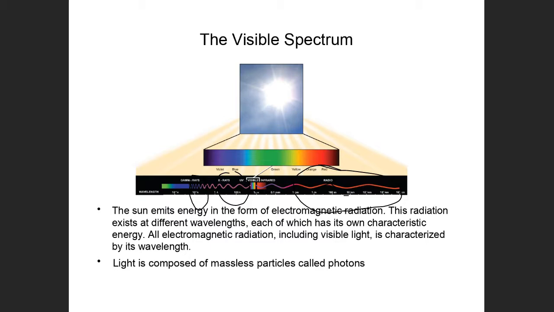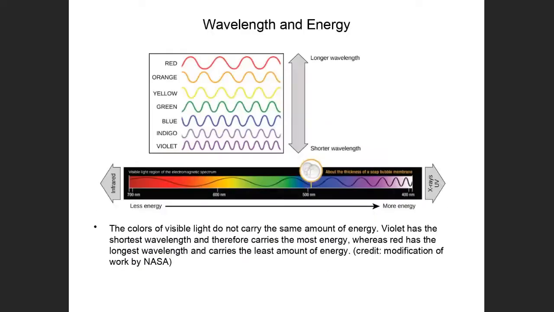One thing that is very important that I want you to understand is that all the colors of visible light do not carry the same amount of energy. The longer the wavelength, the less energy it has. The shorter the wavelength, the more energy it has. This is inversely related, right?